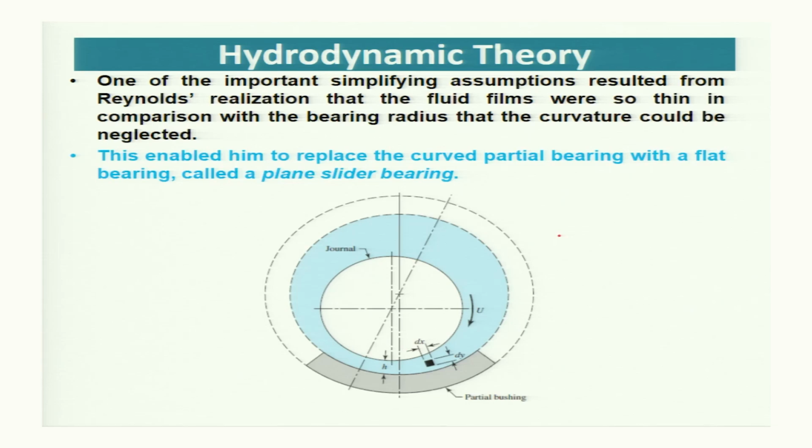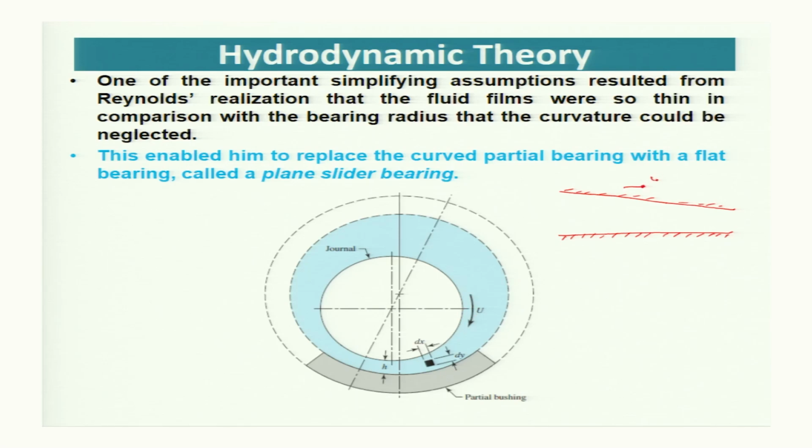The bearing can be assumed as a plate like this, and the journal can be assumed as an inclined plate. So, this wedge shape can be modeled by this one, where this is the bearing surface and this is the journal surface, and the journal is rotating with sliding velocity capital U.